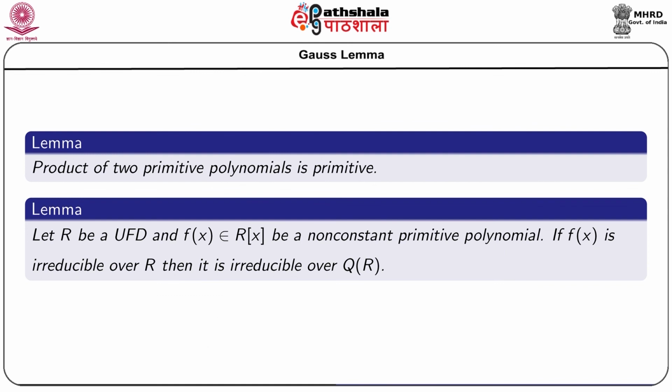It can be proved that the product of two primitive polynomials is primitive. Details of the proof are given in the e-content.